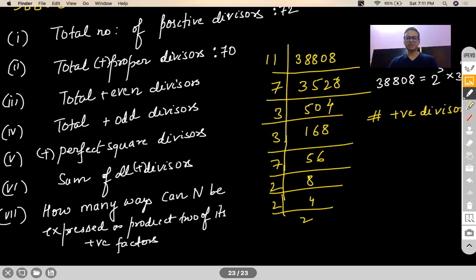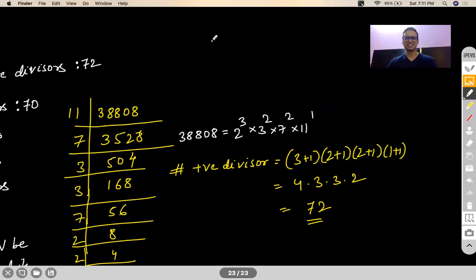So in order to pick a factor which is a multiple of 2, remember you have to pick at least one fruit called 2. So again, think as if you have a basket where there are 3 fruits. Okay, this is a fruit called 2, and you have 3 fruits like this.